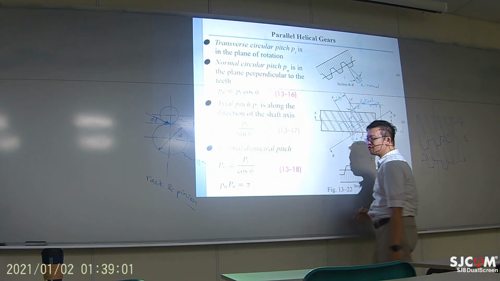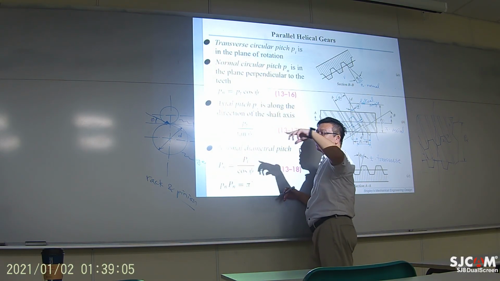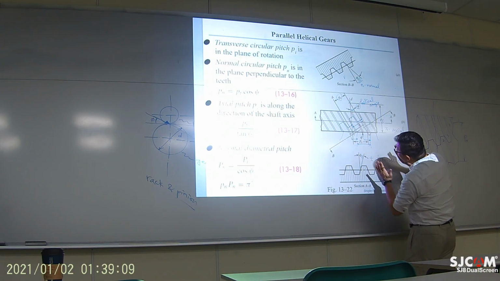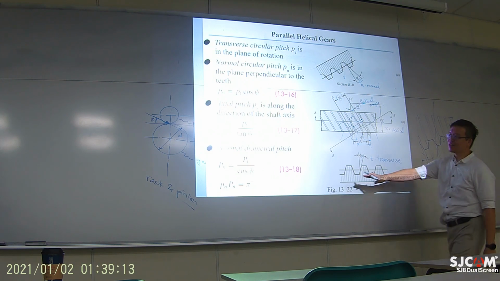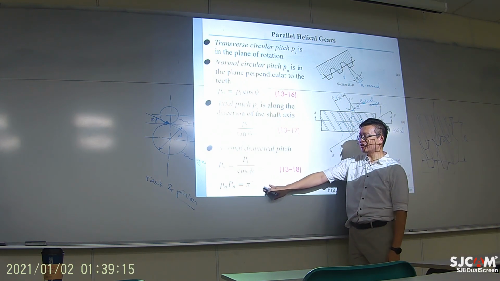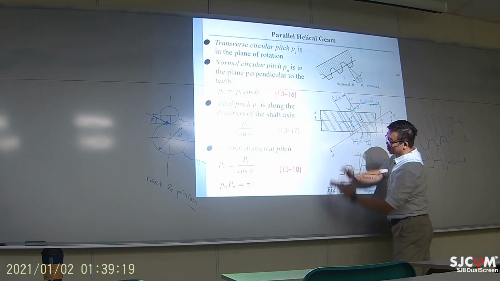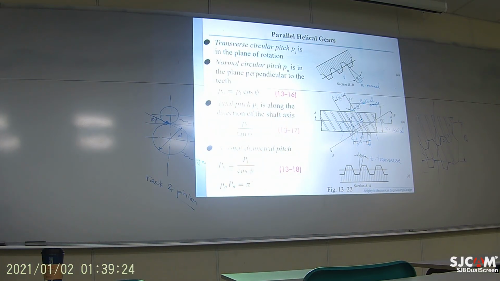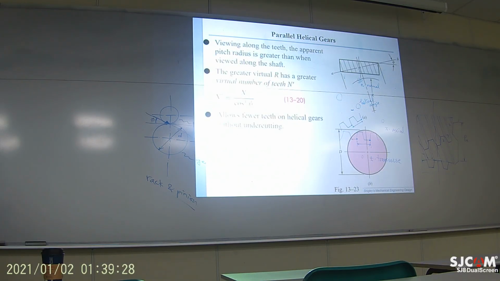So whatever equation you have for the spur gear should be valid for the measurement along this normal direction. So that's why the spur gear calculation is utilized along this normal direction. That's something to remind you, and let me continue.